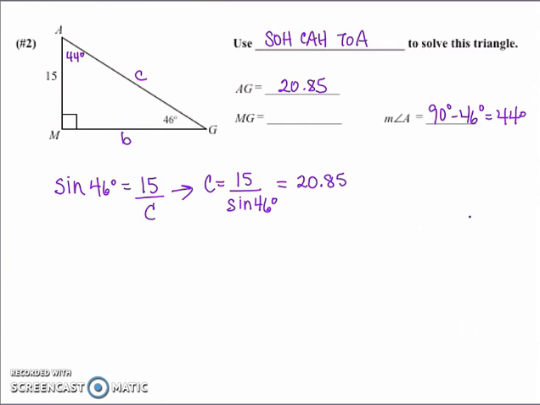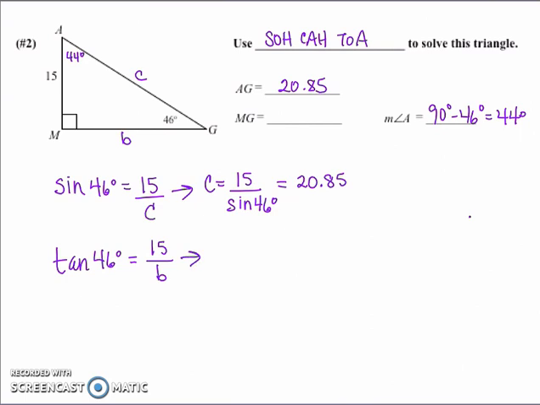So again, I'm using the 46-degree angle, and I'm given the side opposite the 46-degree angle. If I want to find the bottom of the triangle, that's the side adjacent, so I'm going to want to use tangent. Tangent of 46 degrees is equal to 15 over b.